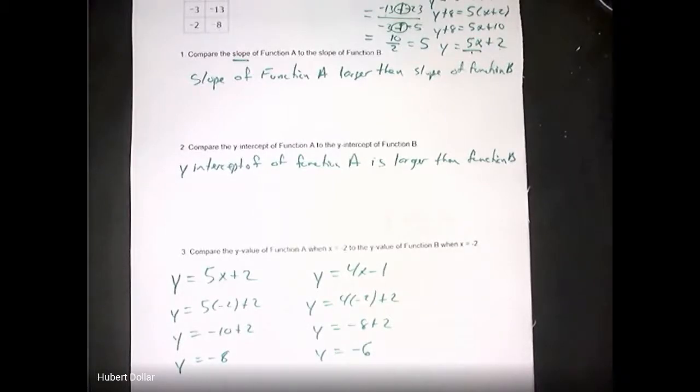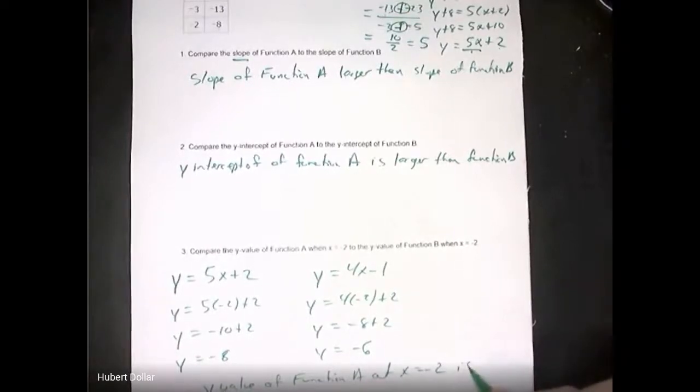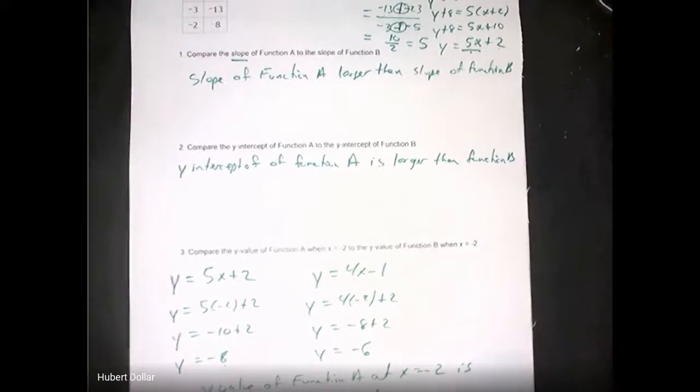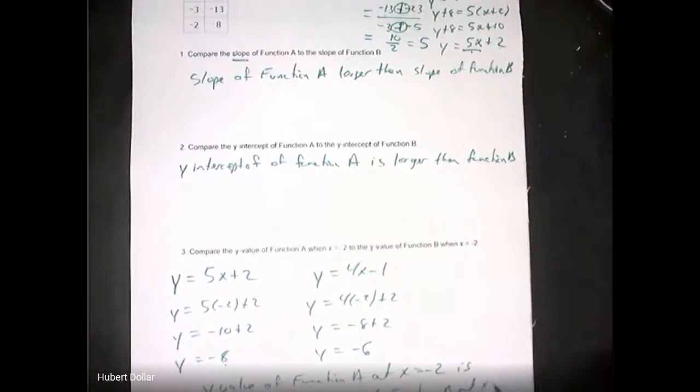Well, negative 6 is larger than negative 8, or negative 8 is less than negative 6. So we'll say that the y value of function a at x equals negative 2, that's negative 8, is less or smaller than the y value of function b at x equals negative 2.